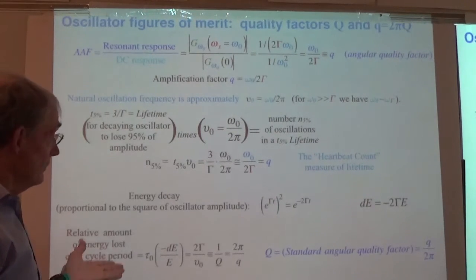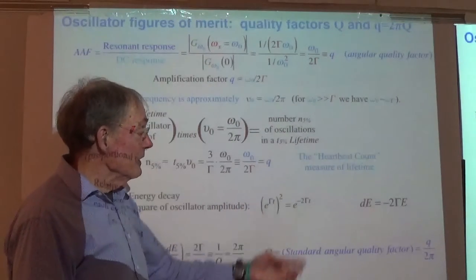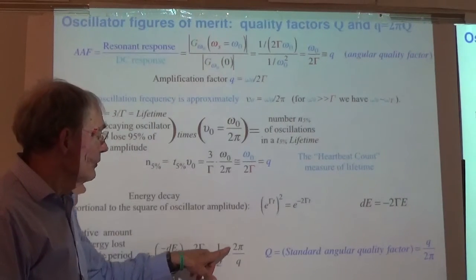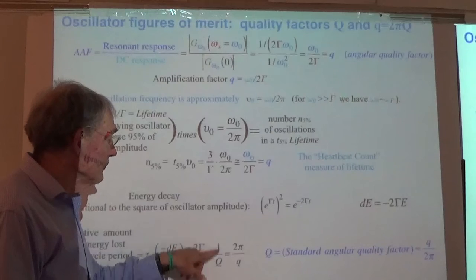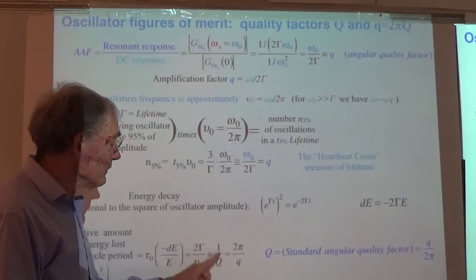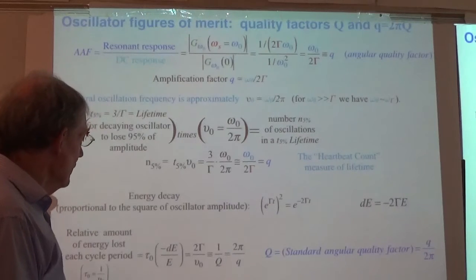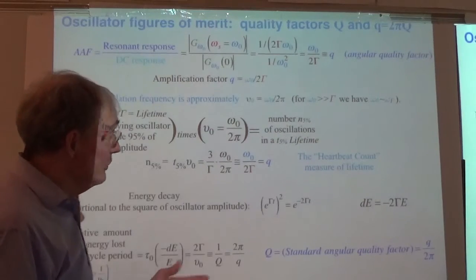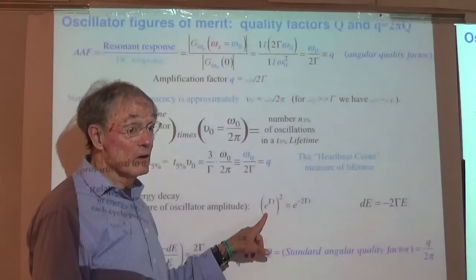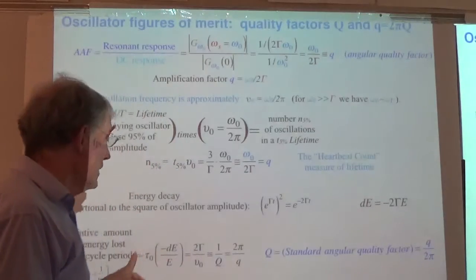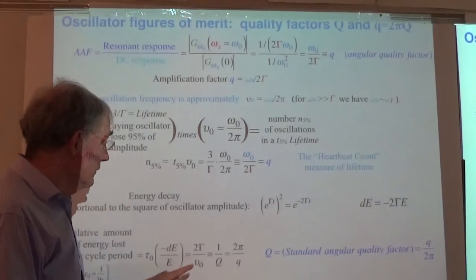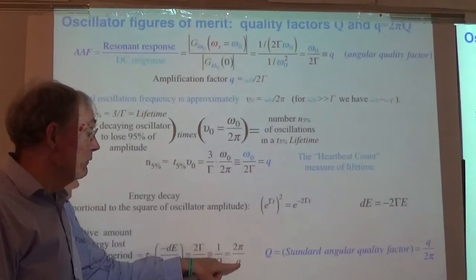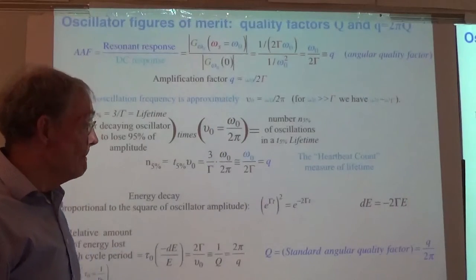If you look at this, the relative amount of energy lost per cycle when you have something that's going down, e to the minus 2 gamma, well, that's very close to 2 pi over Q. This is the definition of the standard quality factor. It's 1 over the change in energy ratio to energy itself. Now energy, you see, is a square of the amplitude. So we get a 2 gamma right here, and then divided by the frequency, that's 1 over the big Q. That's 2 pi times 1 over our angular one.